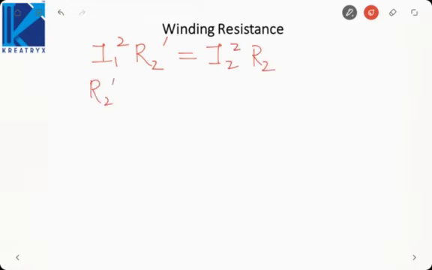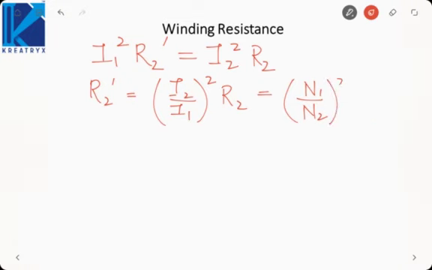So I will write, R2 dash is equal to (I2 by I1) square into R2, which is equal to (N1 by N2) square into R2. Here I have neglected the no load current. That is why the ratio of currents is equal to the inverse ratio of the turns. So it is R2 by K square, where K is the transformation ratio. K is equal to N2 by N1.